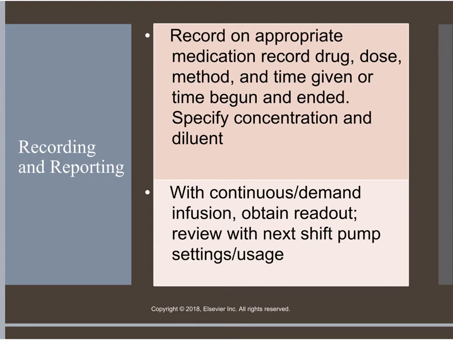With continuous or on-demand infusion, obtain and record the pump readout hourly for the first 24 hours after infusion begins, and then every 4 hours. Review the pump settings and usage together with the oncoming staff for the next shift.